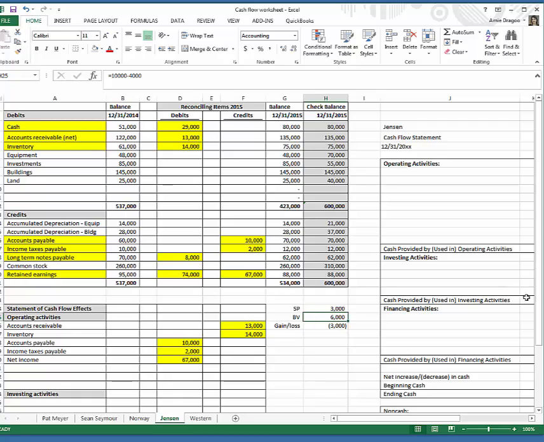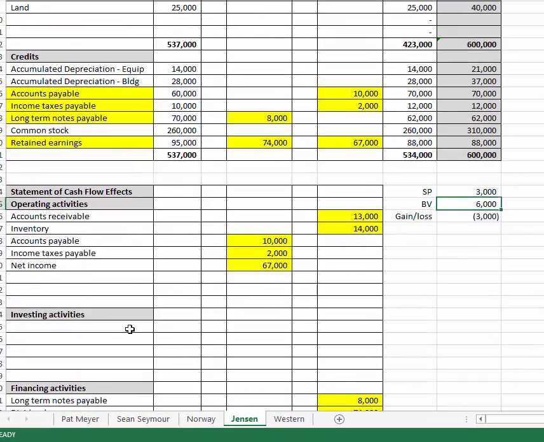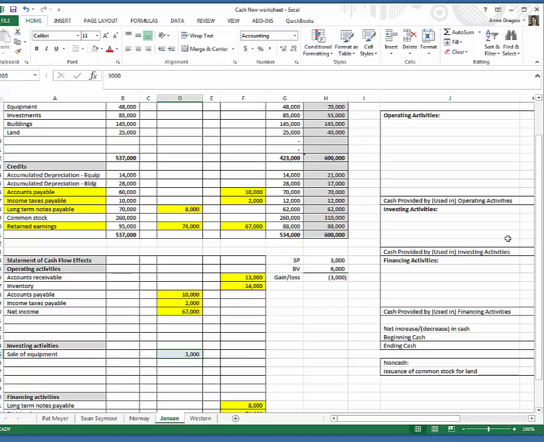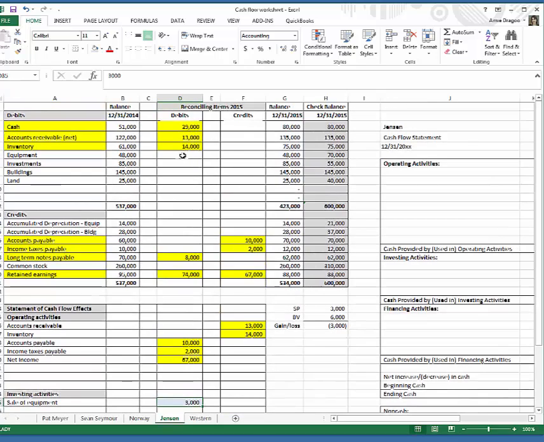Starting at the top, the selling price is going to be included in the investing section. So selling price of the equipment will be an addition of $3,000 in investing. Then we'll include the book value in our worksheet.